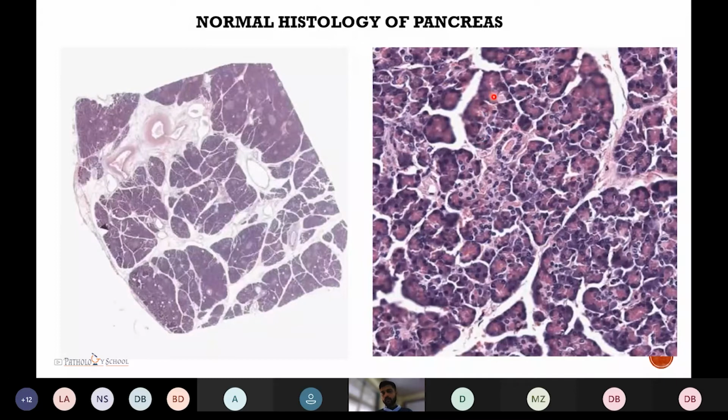These acini are responsible for the secretion of digestive enzymes, which get poured into these ducts. This is an intralobular duct, as it is present within the lobule of the pancreas. Some ducts can also be seen in the septae, which we call interlobular ducts.